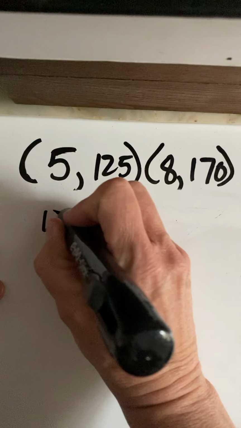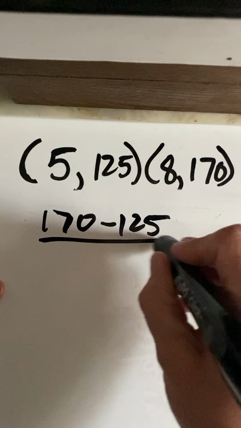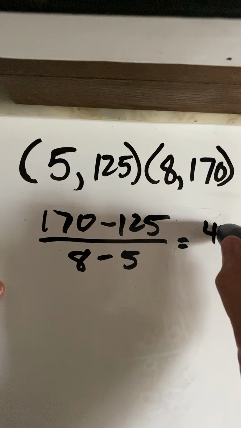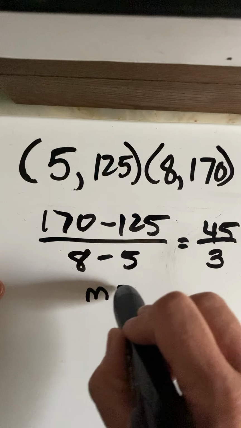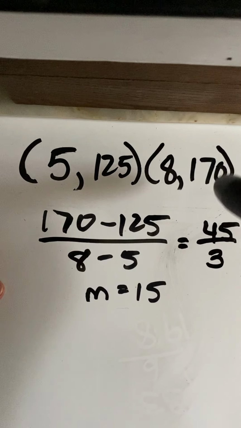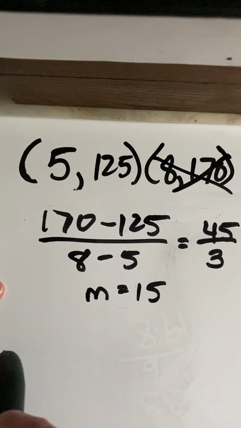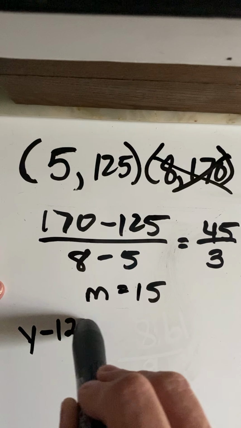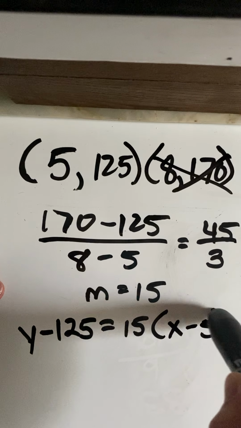I'm going to find the slope. I do 170 minus 125 over 8 minus 5, and that's 45 over 3. So m equals 15. I'm going to cross out a point, and I'm going to go into point slope form. Y minus 125 equals 15 times x minus 5.